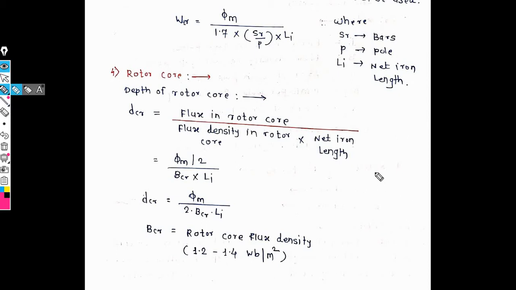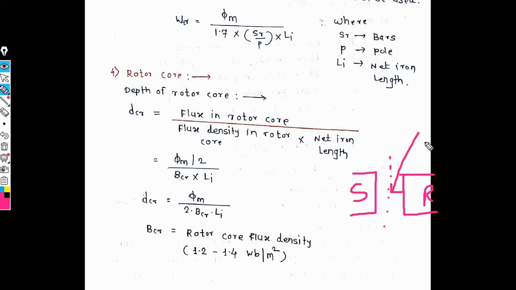That means we consider this is the stator and this is the rotor, and this is the axis point. Here a large amount of maximum flux, phi, is present, and this phi is divided between stator and rotor.